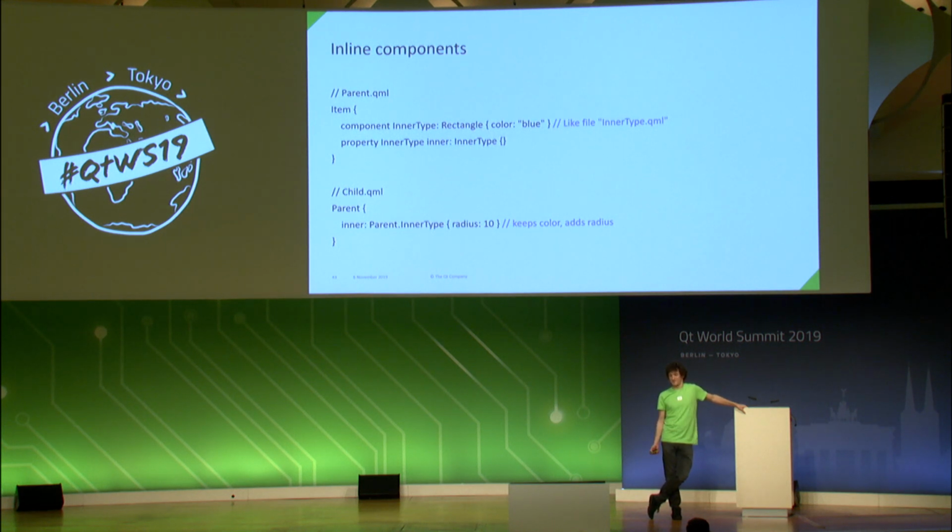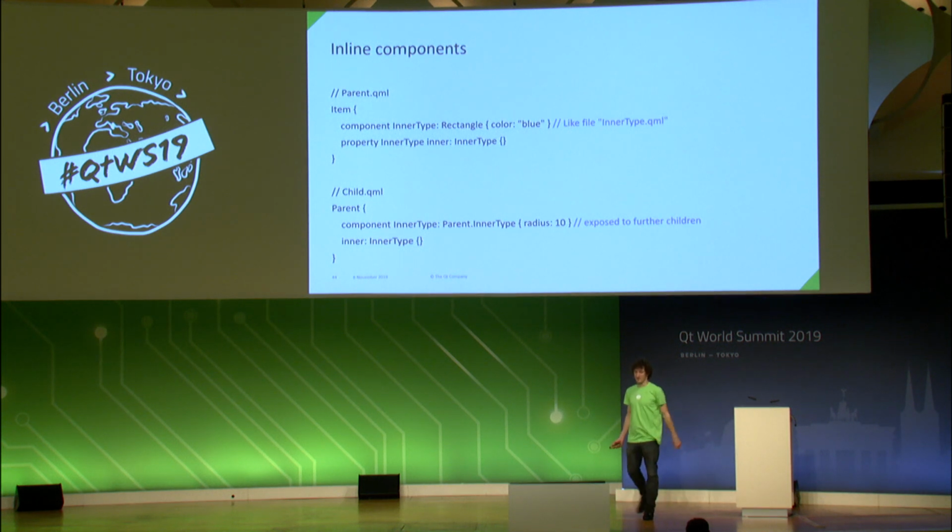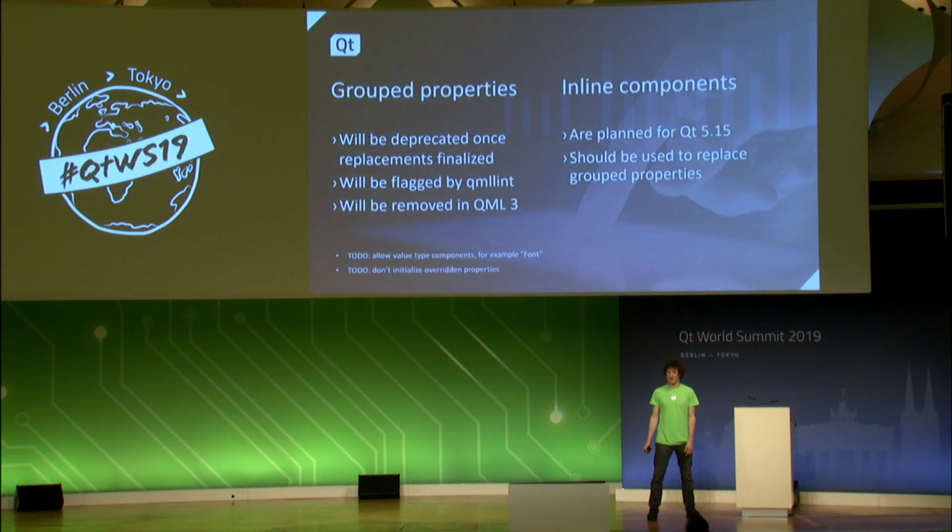And that is fine. That can be extended to arbitrary depth by just adding more components that derive from parent components. So the child would have another inner type that would be a parent inner type with an additional radius. And then you could replace the color or whatever, and it would be safe. You wouldn't have multiple objects flying around that are manipulated from different places.